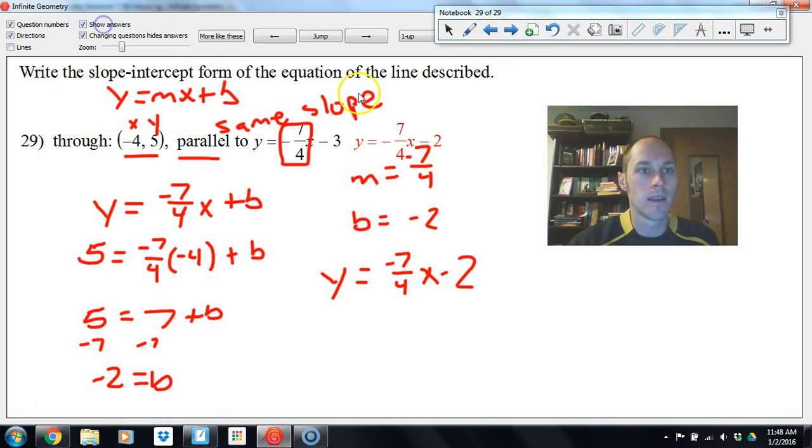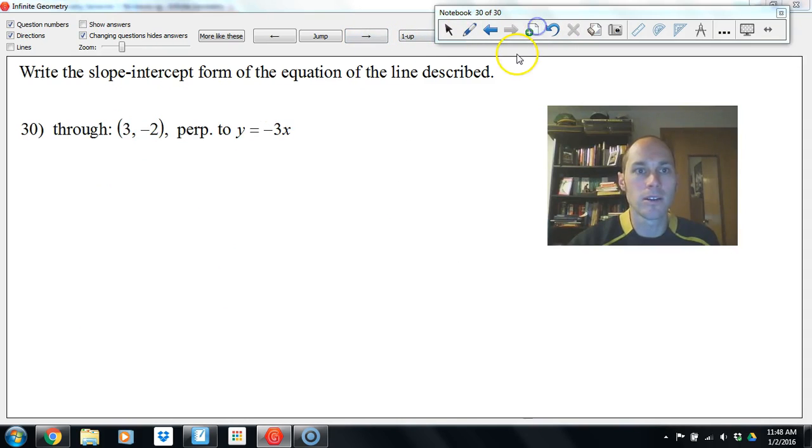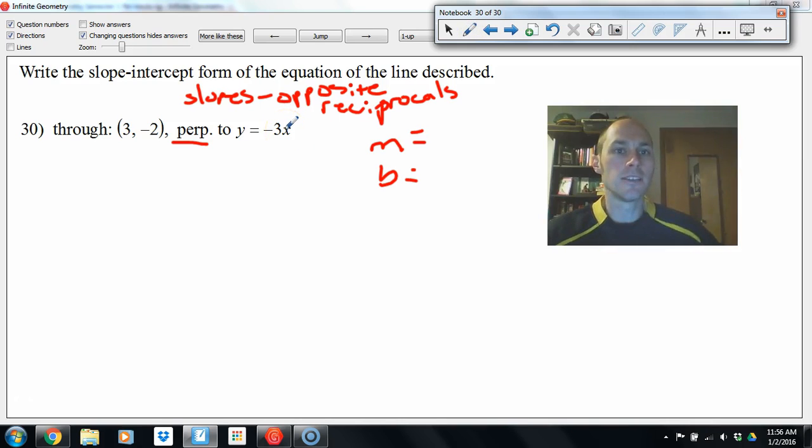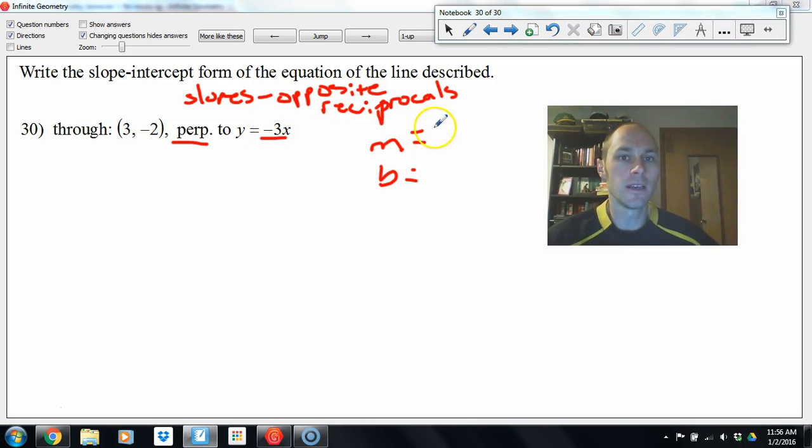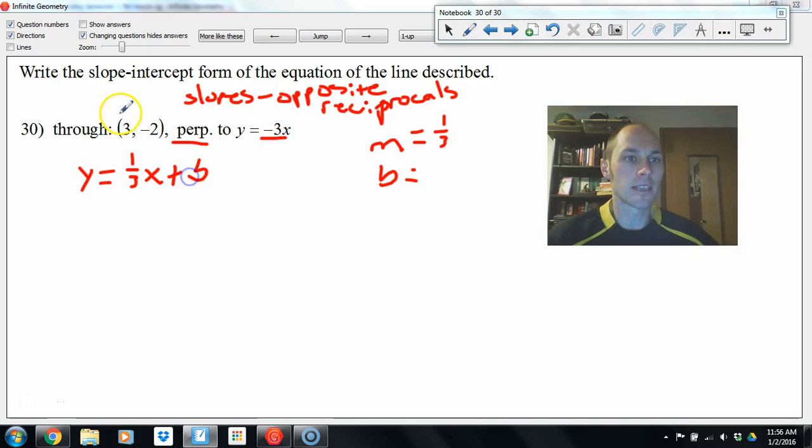All right. Next problem. Take a look at doing slope-intercept once again, but we're doing a line perpendicular. So keep in mind when lines are perpendicular to each other, their slopes are opposite reciprocals. So in this line, the slope is negative 3, so the opposite reciprocal of that is 1/3. So we can take our equation y equals 1/3 x plus b and solve for b by plugging in our x and our y values of this coordinate that it goes through.